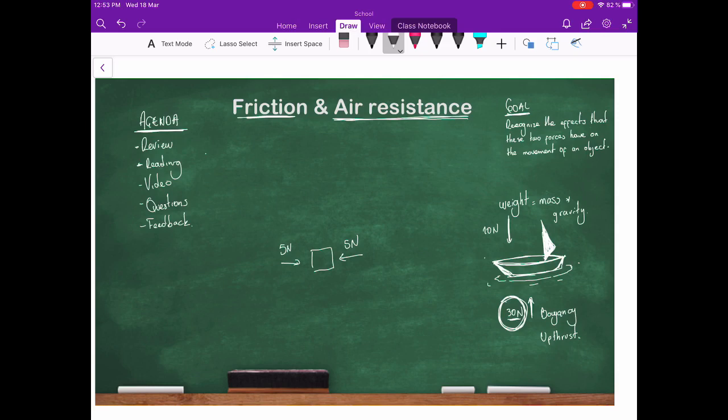But if we have two forces acting on an object, and these two forces have different sizes, for example, 3 newtons and 5 newtons, in this case there is going to be a movement in the direction of the biggest force, and we can say that the forces are unbalanced.